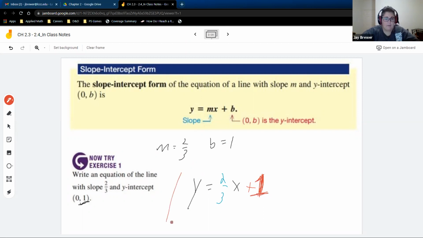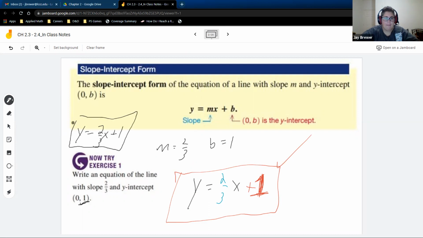Okay, that's it. If you don't like it color coded, I can also write it that way. Just be y equals 2/3 x plus 1. Okay. All right. So that's how nice it is whenever they give you both the slope and the y-intercept.